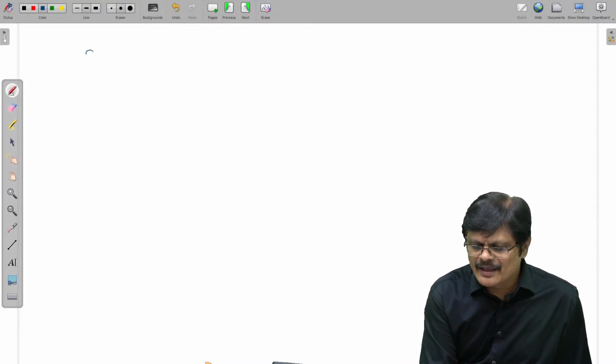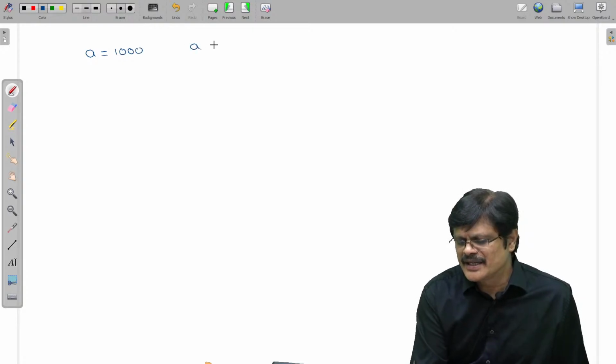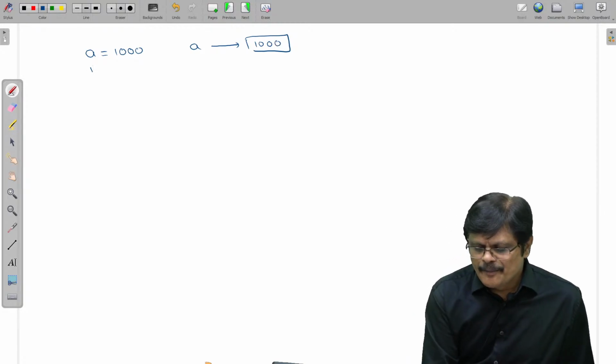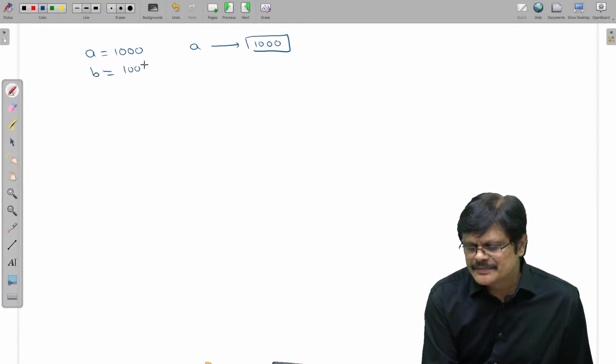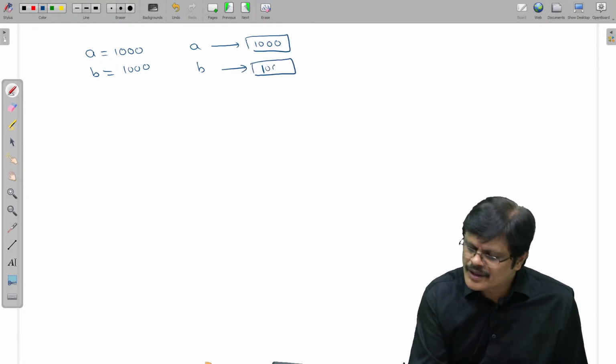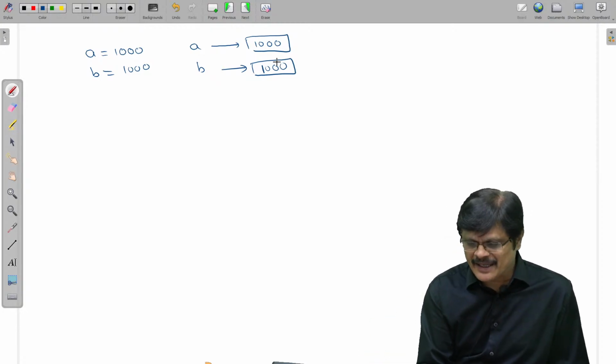Let me take 1000. a is equal to 1000, that is, a is referring to the object 1000. b is 1000, that is, b is referring to a different object whose value is also 1000. That is, this is a different memory address.